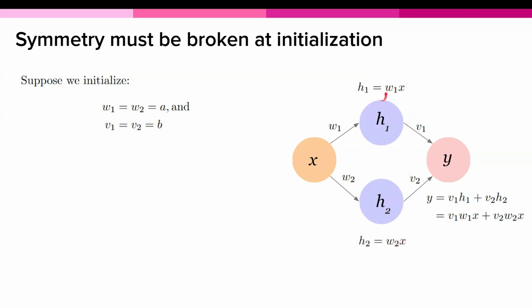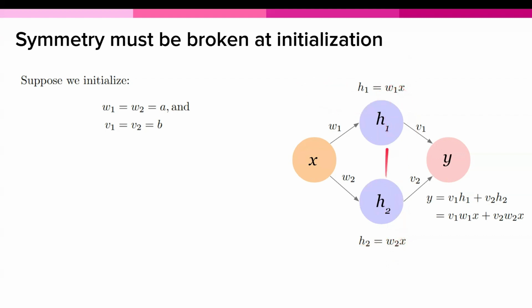Since W1 is A and W2 is A, H1 is going to be Ax and H2 is going to be Ax as well.